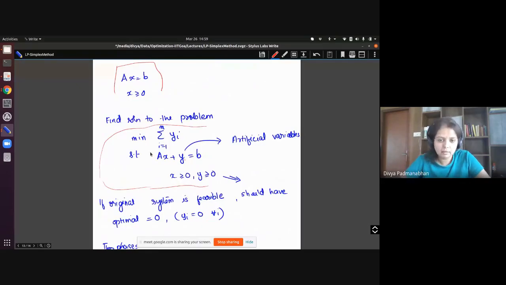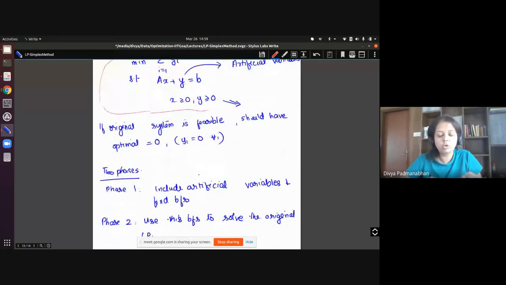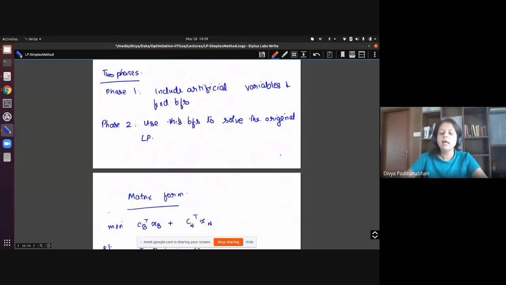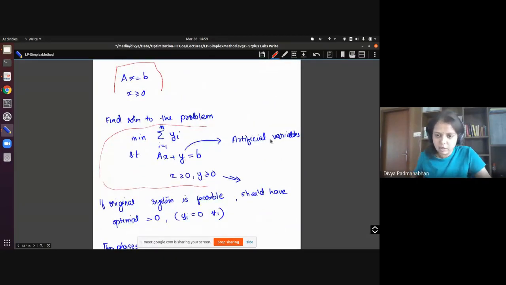Now use that basis to start off the simplex method for your original system. So it's a two-phase method: in the first step you solve another LP with artificial variables, find a BFS, and use this to solve the original LP. This is one way in which you could start off.